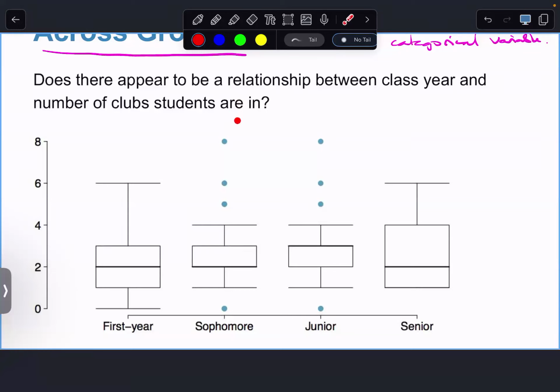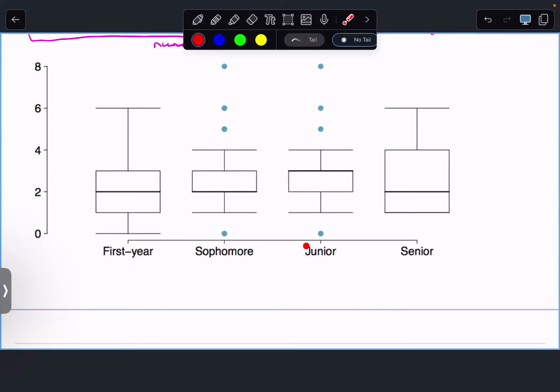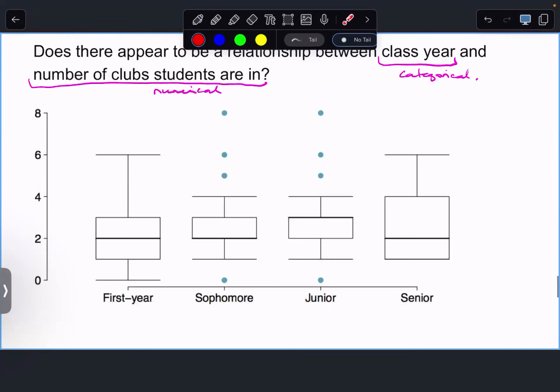The number of clubs that a student is in is a numerical variable, and class year is categorical. So what we can do is put the categories on the x-axis, and the numerical variable on the y-axis, and then we can make individual box plots, which is something that we can use to visualize numerical data.